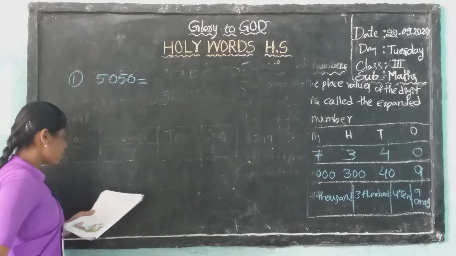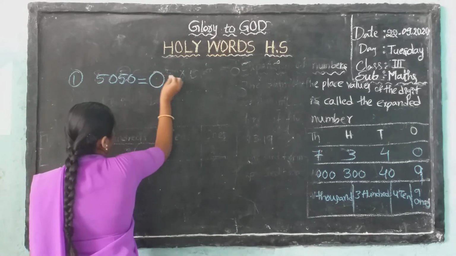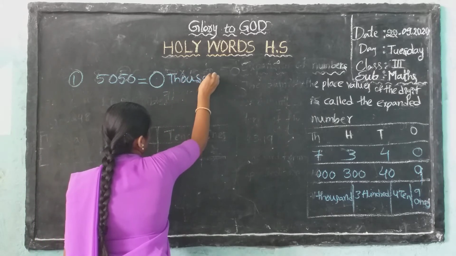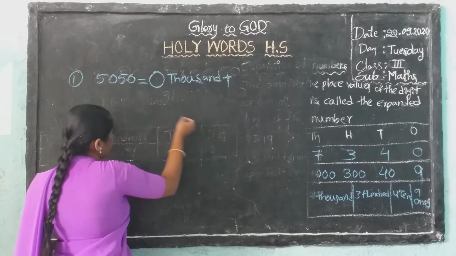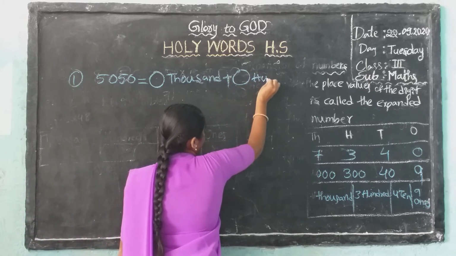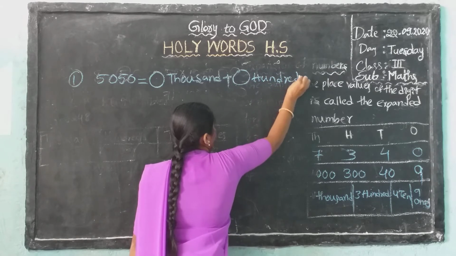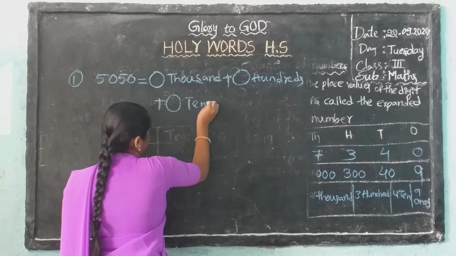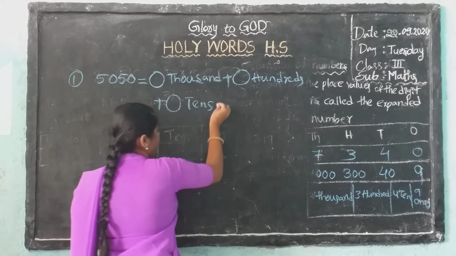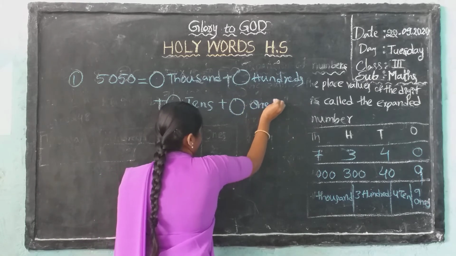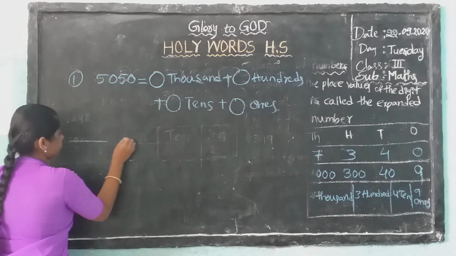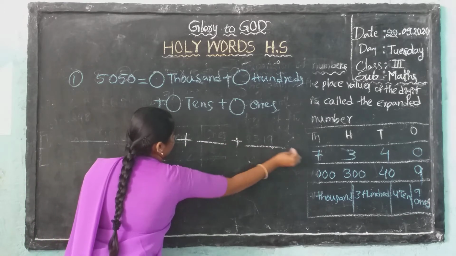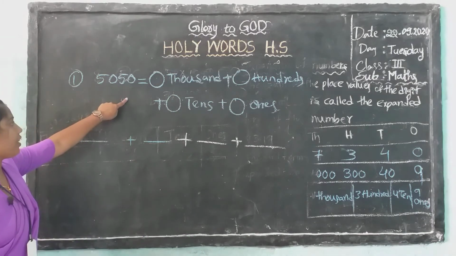Thousands plus hundreds plus tens plus ones. 5050. Thousands place is 5, so 5000.